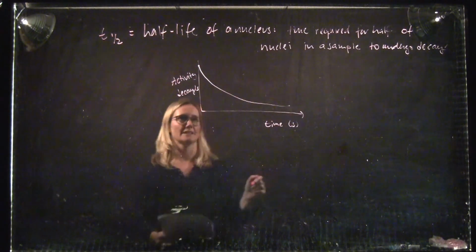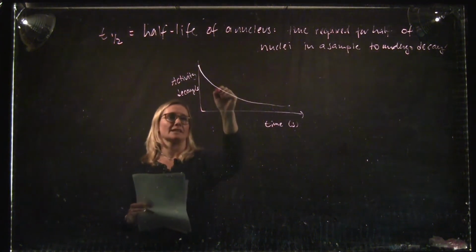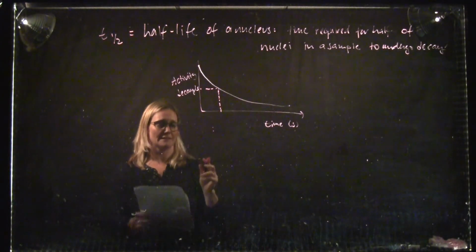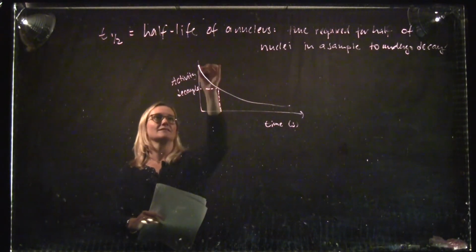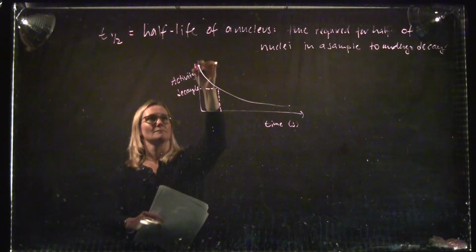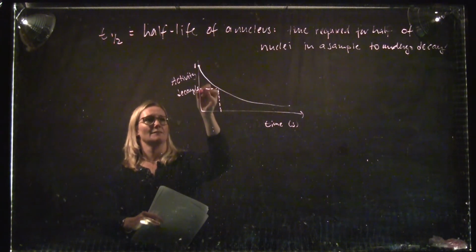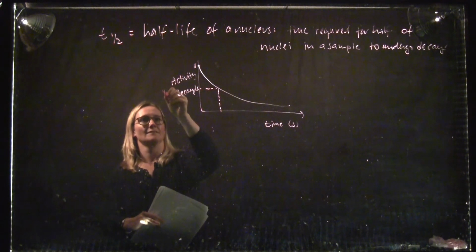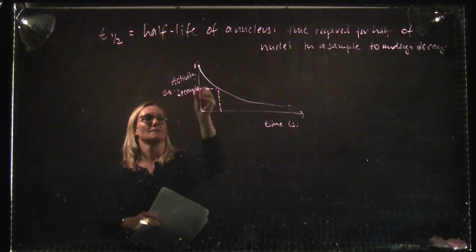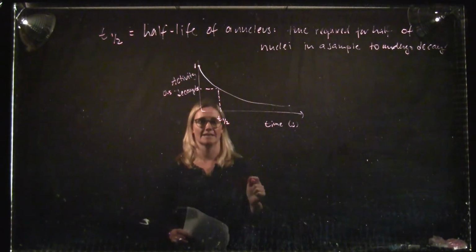It will tail off because after any given time, there's a certain characteristic time in which we go down to half of the activity rate. And so if we start off at some arbitrary unit of 1, then the time it takes to go down to 1/2, or 0.5, is the half-life. So it's that characteristic decay time.